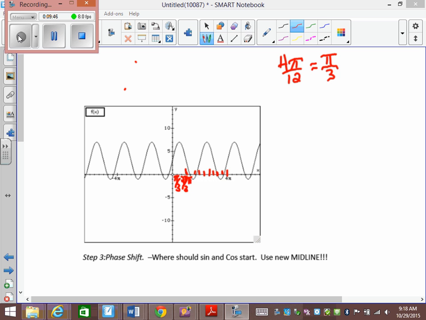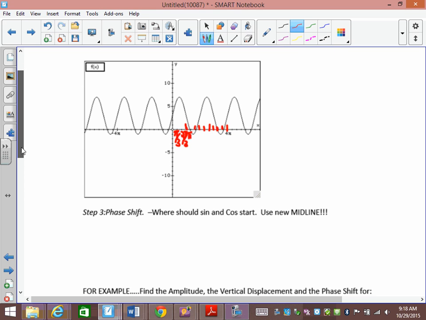Okay, first thing we want to do is get our amplitude if we're coming up with equations. So amplitude is the absolute value of max minus min divided by 2. What's my maximum? 7.